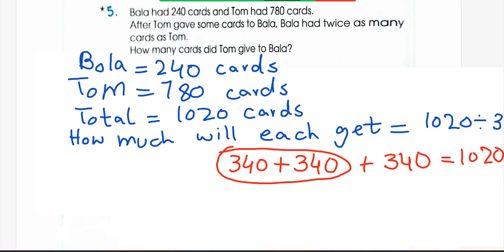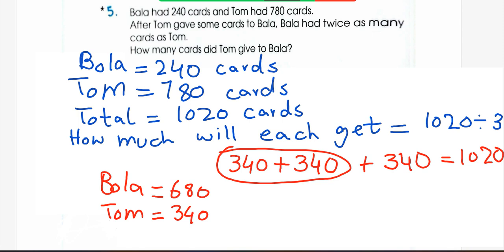So now I will write how much will each get? Bola will get double of 340, 680, and Tom will get 340, right?